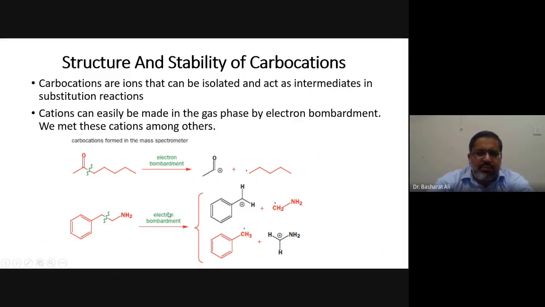The electrons break the molecule down into smaller units, and this type of fragmentation is possible. As a result of this fragmentation, we find that different types of positively charged ions and free radicals are produced.